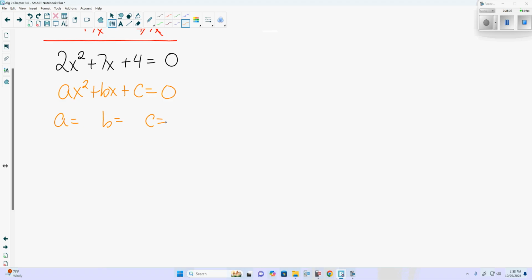So since we have it equal to 0, we do need to find the values of a, b, c. Well, the value of a is 2, the value of b is 7, and the value of c is 4.